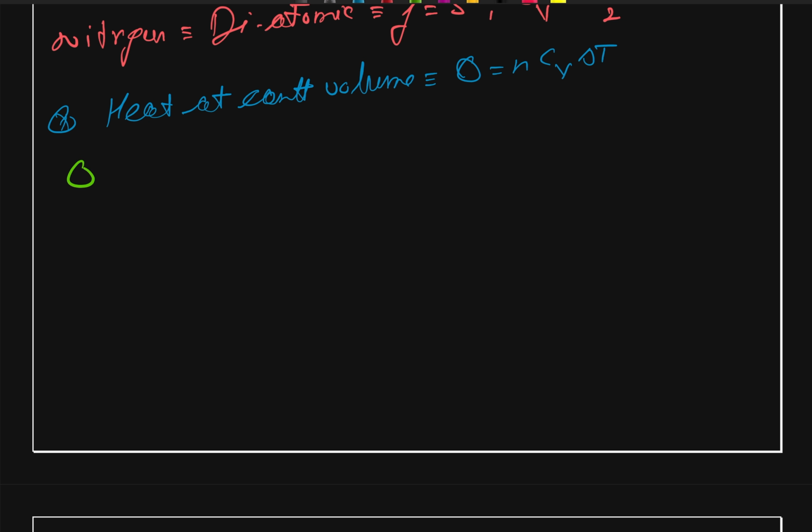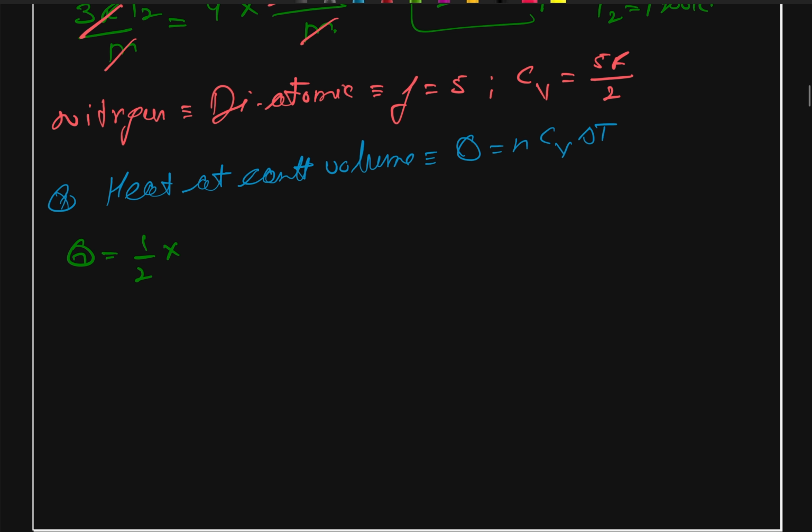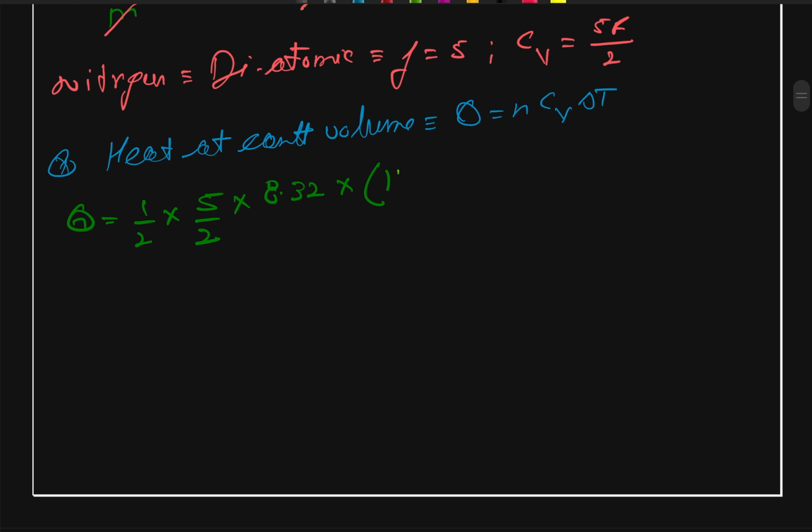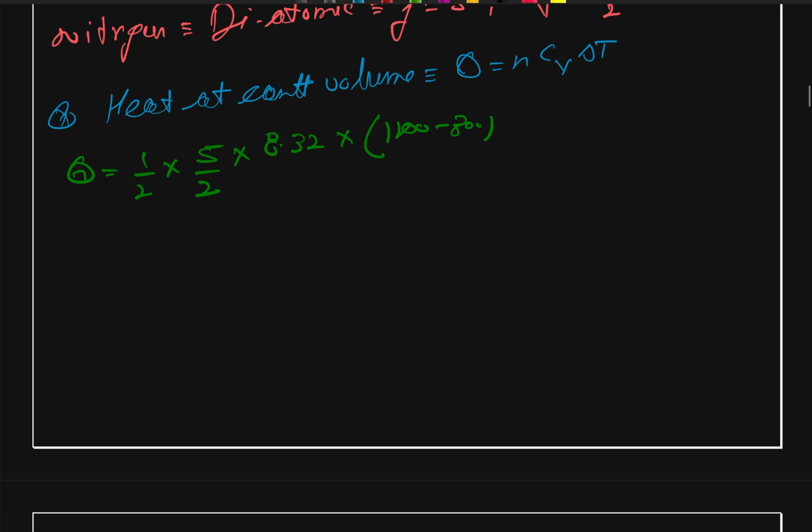We get Q is equal to 1 by 2, Cv is 5 by 2 R, and R is 8.32, multiplied by the temperature difference, 1200 minus 300.